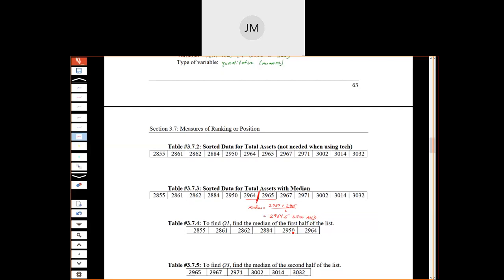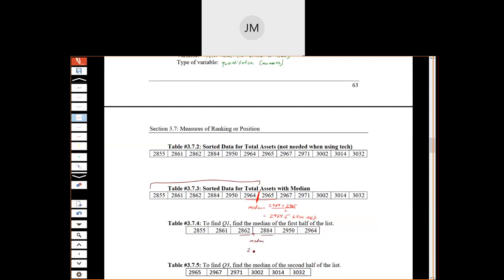All right. To find the first quartile, if I now look at this left half, I find the median there. You could think of it as its own data set: if I had these 6 values, the median would be right in the middle. So I'm going to average these two.